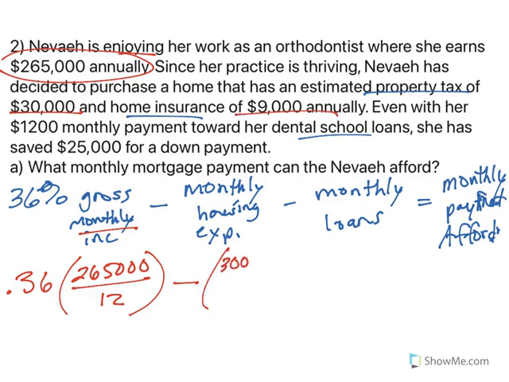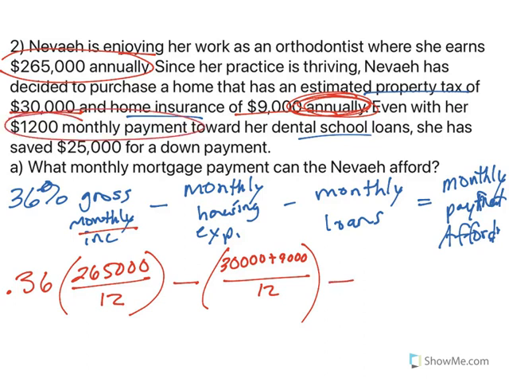So we're going to take 30,000 plus 9,000. And again, we're going to divide by 12 because these are annual. You don't pay $39,000 a month for these things. That's over the course of the year. So we divide by 12. Then the monthly loans. She's paying $1,200 a month towards dental school loans. And that's going to equal how much we can pay.